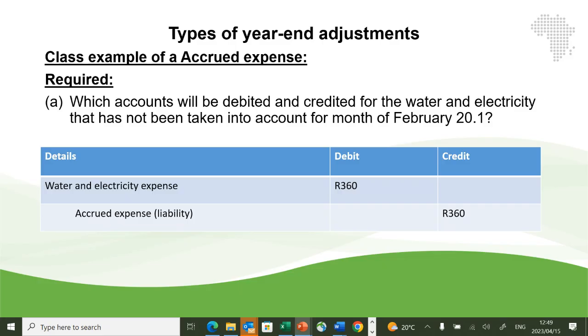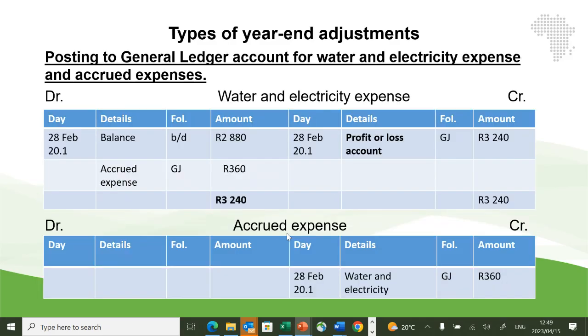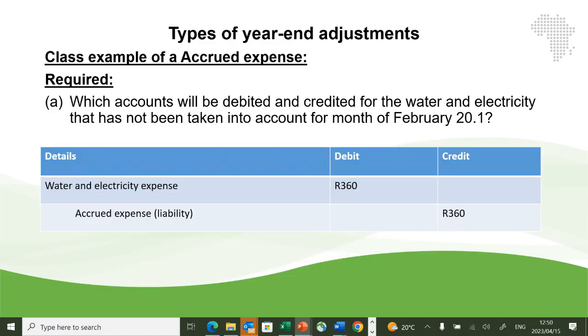Because it's an expense, it will be showing on which side? On the debit side. That's why here we have this balance brought down of 2,880. It is already sitting there because that's what they told you, that water and electricity currently shows 2,880. Then you were told that this 360 has not yet been taken into consideration, so we need to add it because we said debit water and electricity expense.